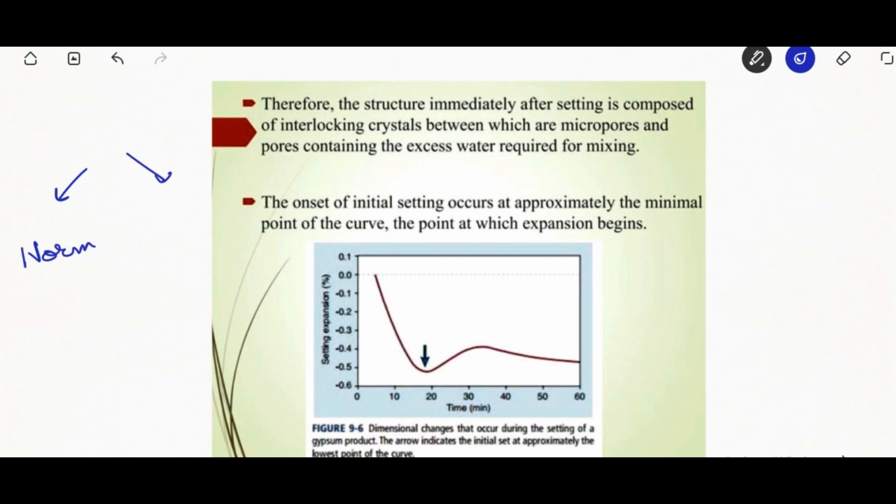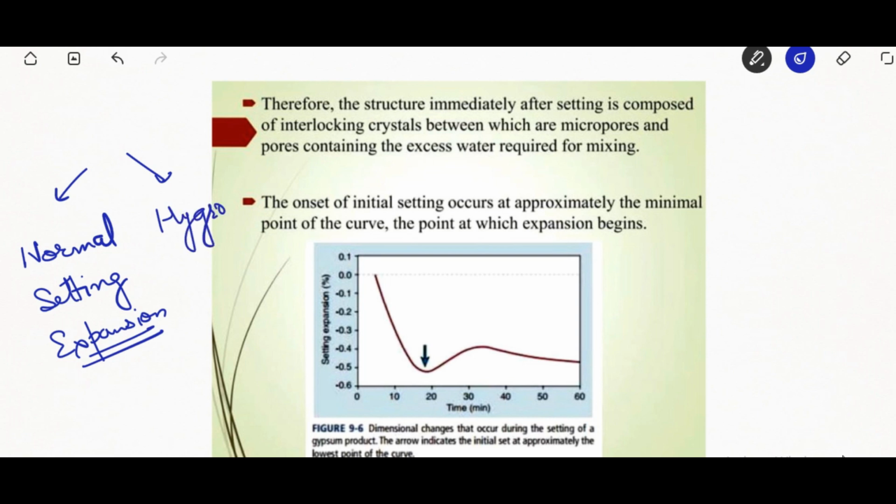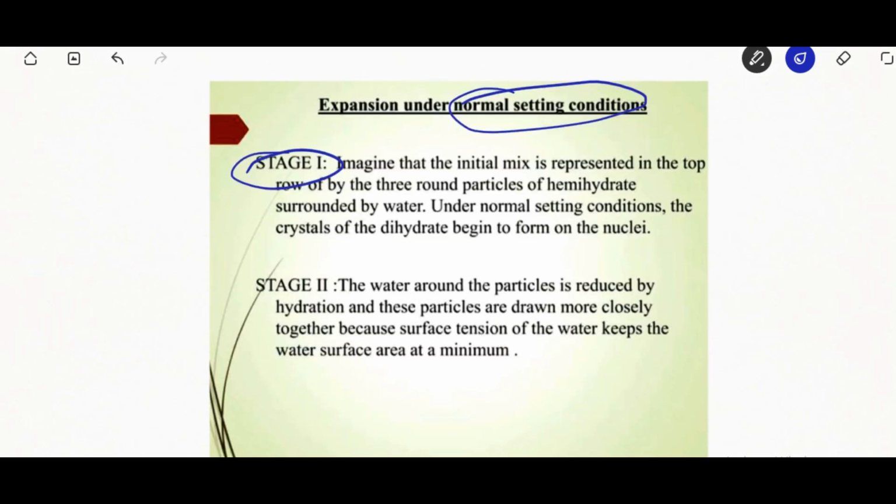The setting expansion can be of two types: one is the normal setting expansion and the other is the hygroscopic setting expansion. The expansion under the normal setting condition consists of five stages.